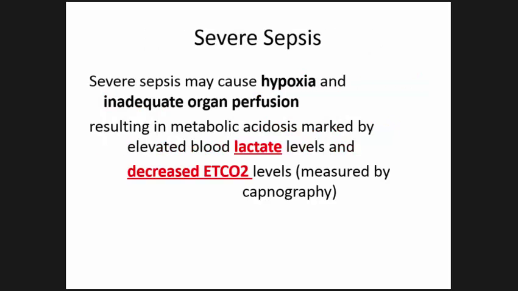So severe sepsis may cause hypoxia and/or inadequate organ perfusion, resulting in metabolic acidosis marked by elevated lactate. Here's this lactate again I keep talking about. So it causes elevated lactate and decreased end-tidal CO2 levels measured by capnography. Well, imagine that. We were just talking about capnography.